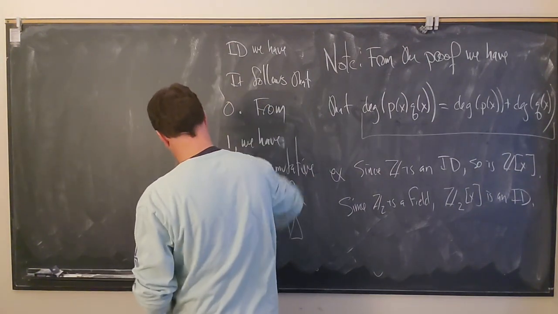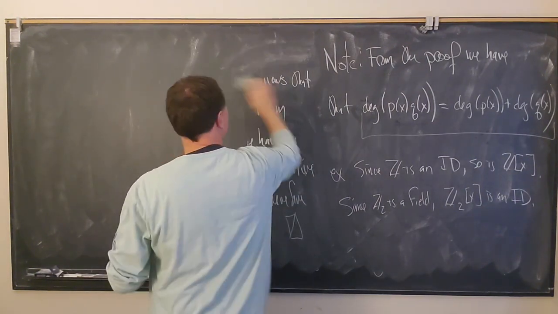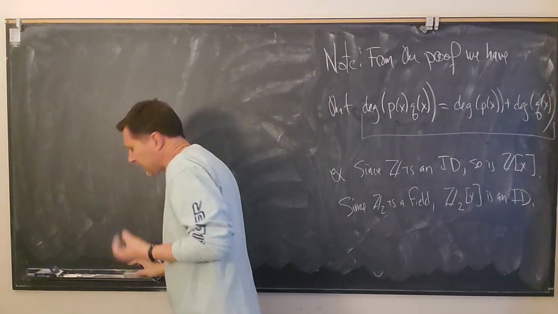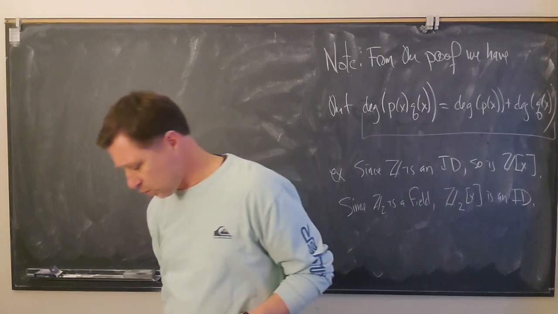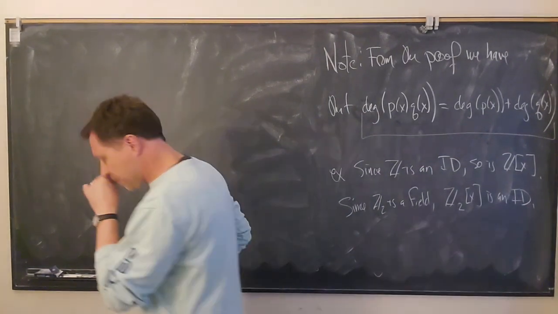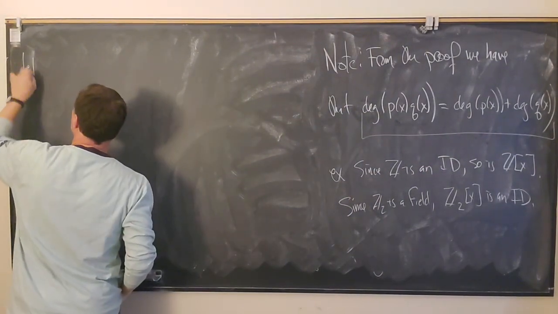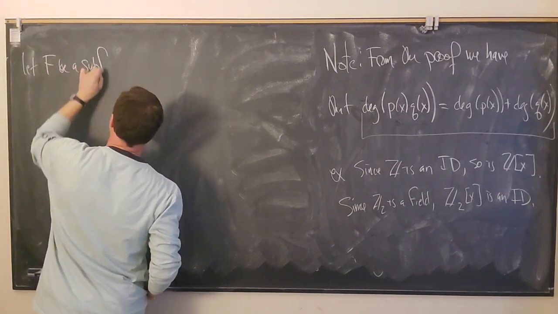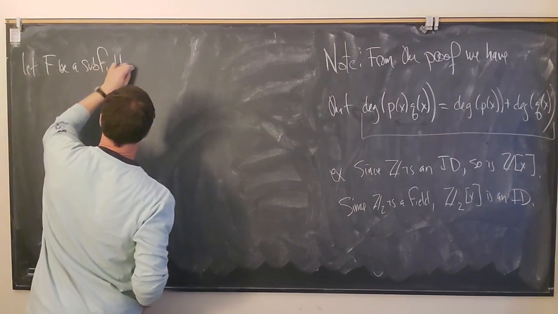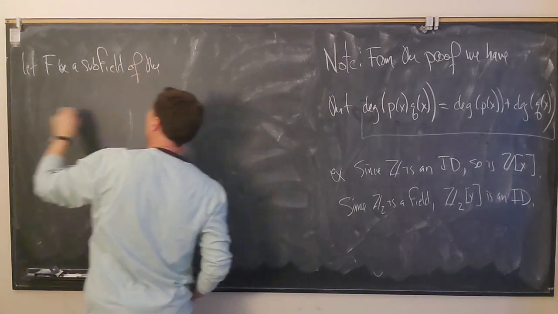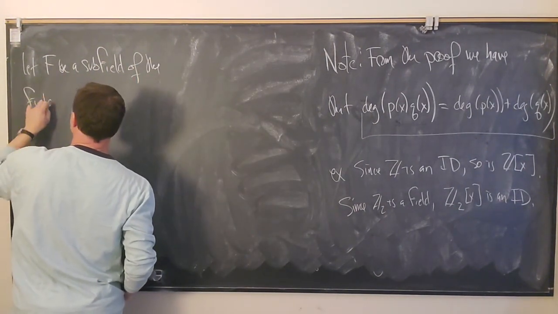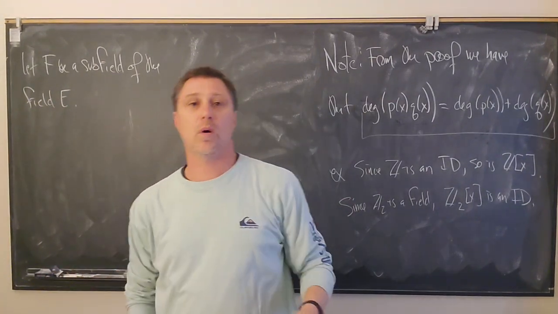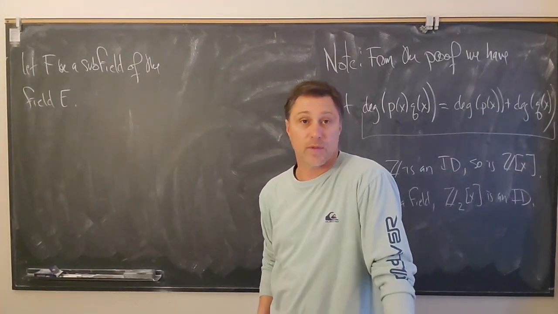Okay, so as we continue our discussion, I want to describe, so we need to create a little bit of machinery that's going to allow us to work with polynomials. So let's let F be a subfield of the field capital E. Now, you might say, hey, whoa, you haven't even defined that term subfield.